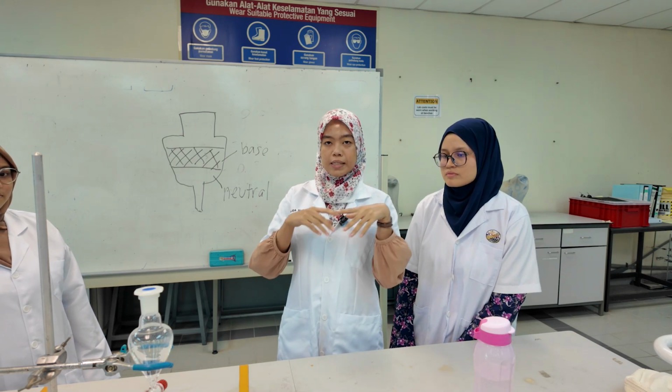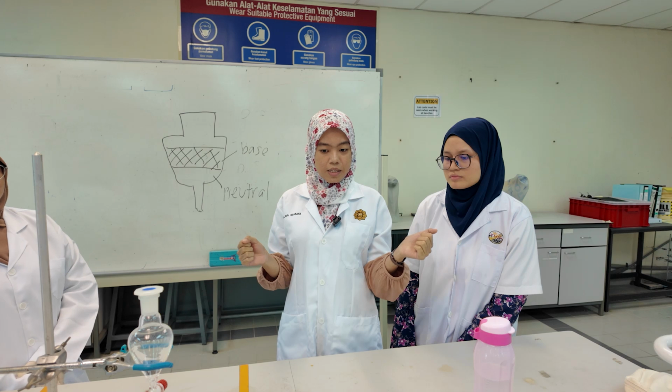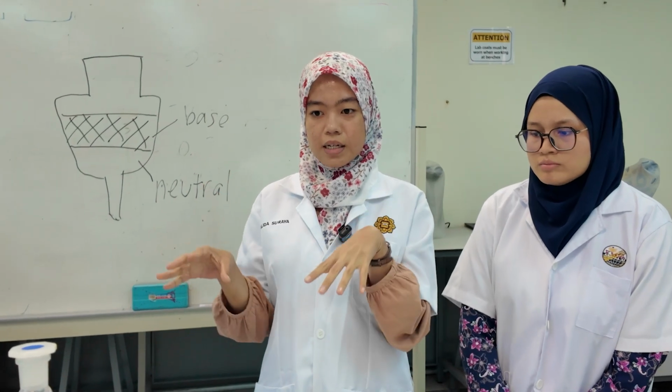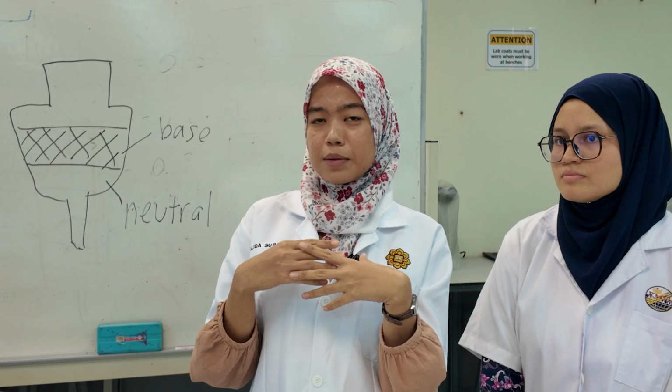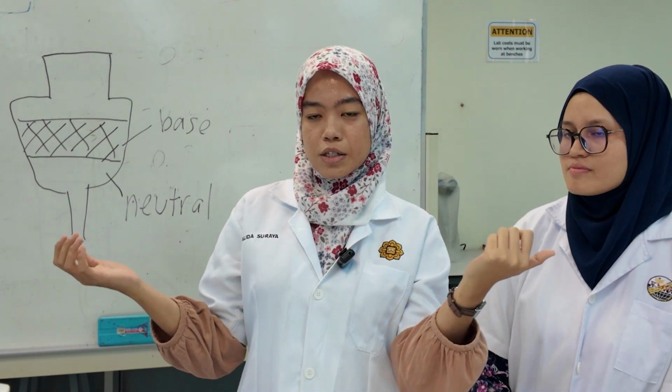Moving on to the next example, the pharmaceutical industry, specifically the production of antibiotics such as penicillin. In the production of penicillin, we start with the fermentation broth, which contains a high amount of antibiotic. It is mixed with the organic solvent, and the penicillin is more soluble in the organic layer than in the inorganic layer.